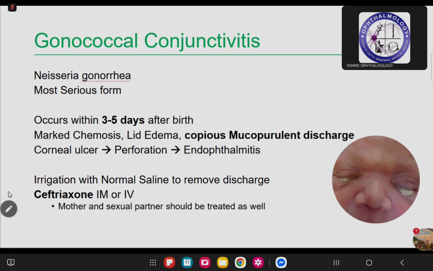So you have to do irrigation as frequently as possible. For the treatment, we give ceftriaxone IM or IV, and the mother and the sexual partner should be treated as well, since it's a sexually transmitted infection.